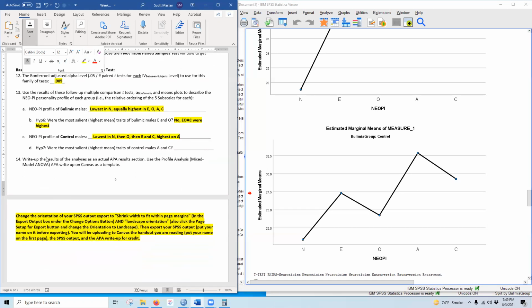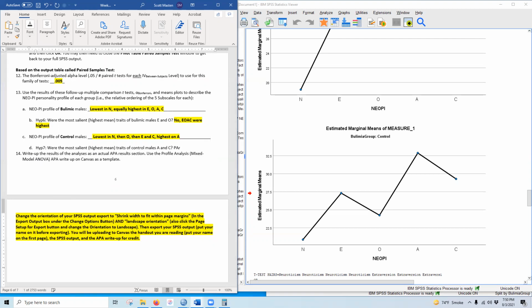So the hypothesis was that the most salient traits of the control males would be A and C. Was that what they found? No. I would say this is partial support.